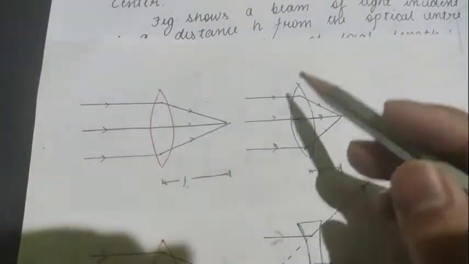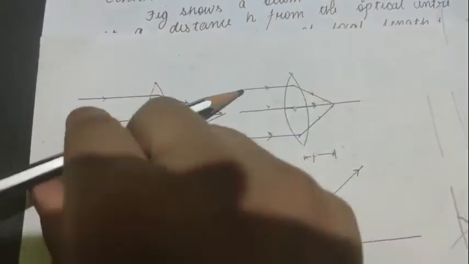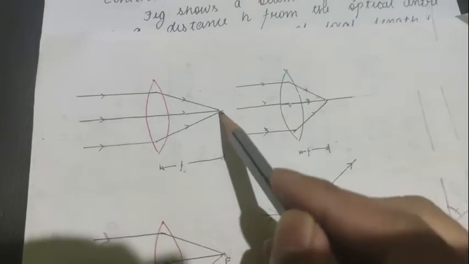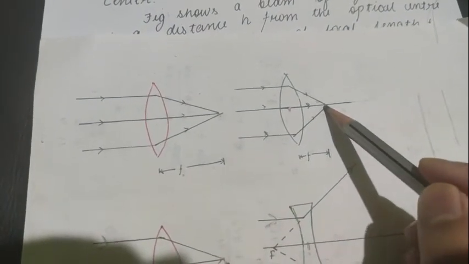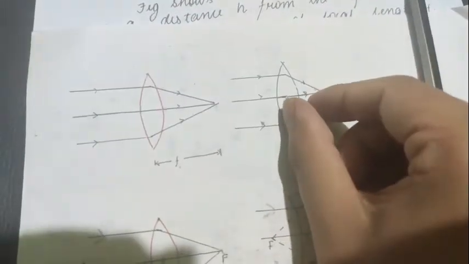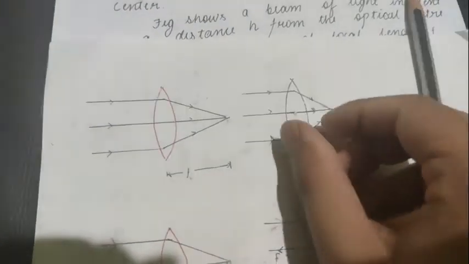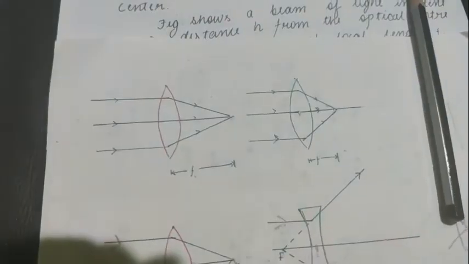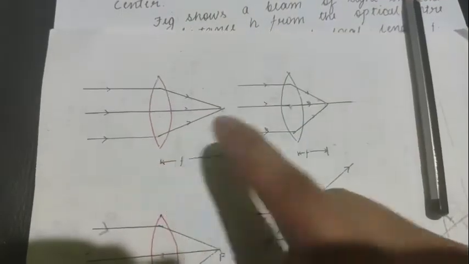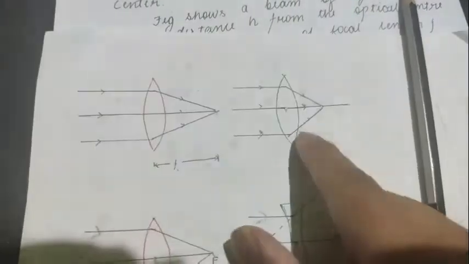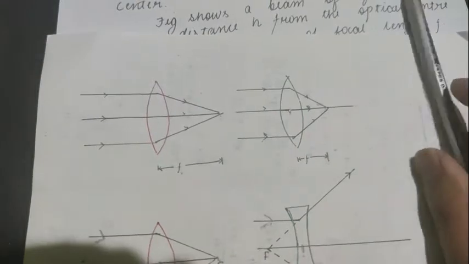We have a convex lens, but in this case the beams are converging at this point, whereas for the green lens the beam is converging at this point. Can you see the difference of the distance? And why is this difference coming? This difference is coming because of the type of the lens you are using, isn't it?